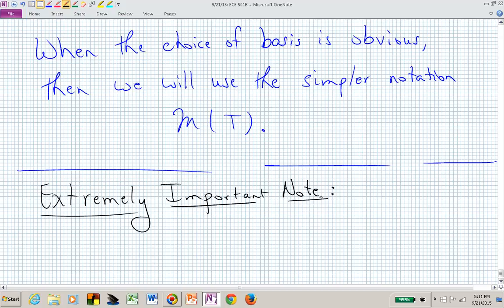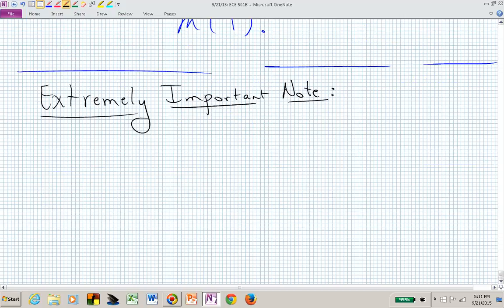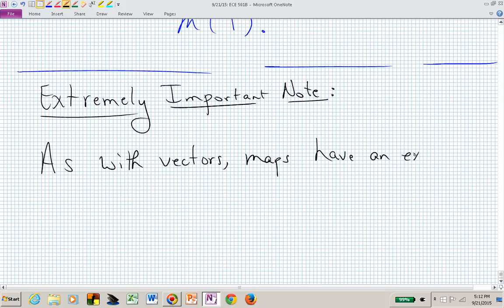Let me make an extremely important comment. As with vectors, and we've been using vectors all along until we jumped into chapter 3, and in chapter 3 now we're using maps between vector spaces. As with vectors, maps have an existence separate from their matrix representation.